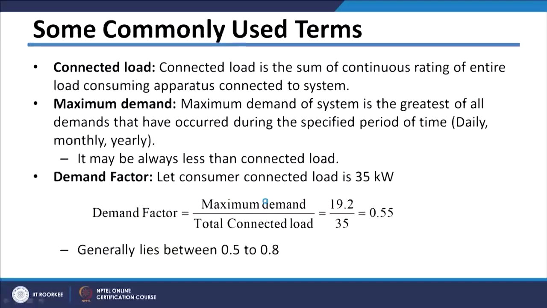Now let's see some commonly used terms related to load. First term is connected load. This is the load which is connected at consumer premises, and it is nothing but the addition of ratings of all the equipments which are connected to the grid from one home or one consumer.